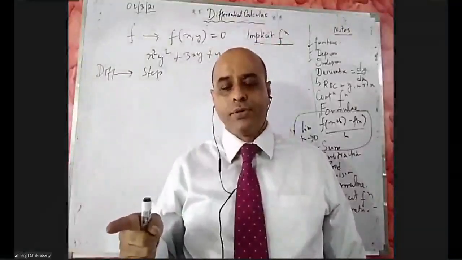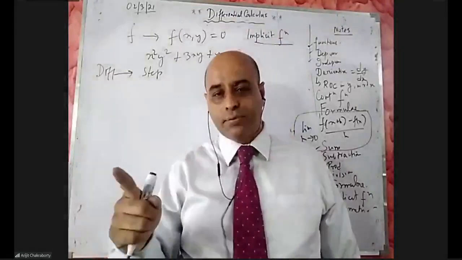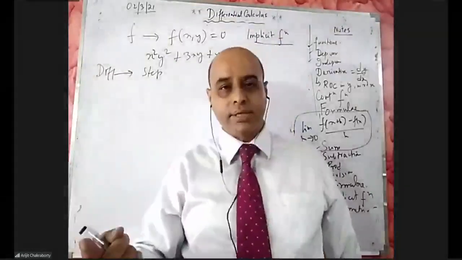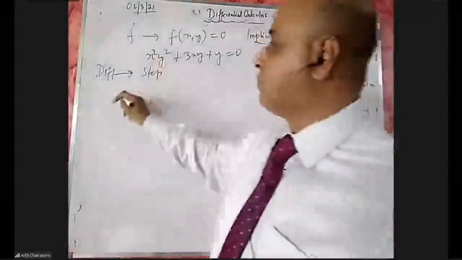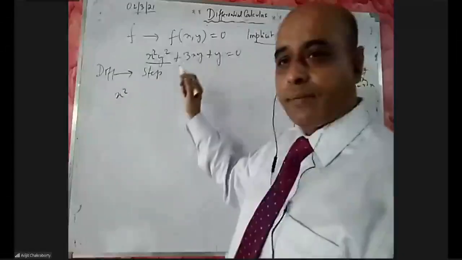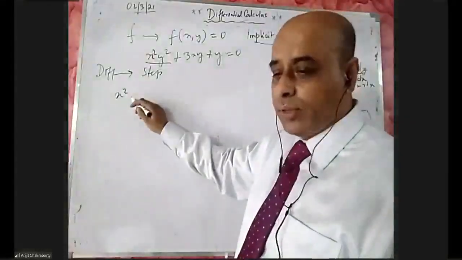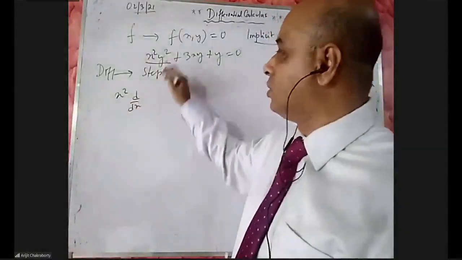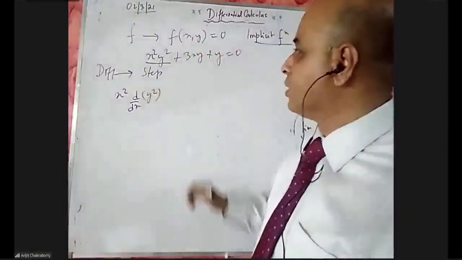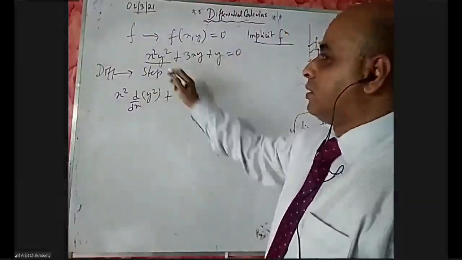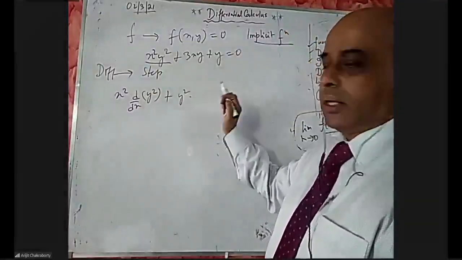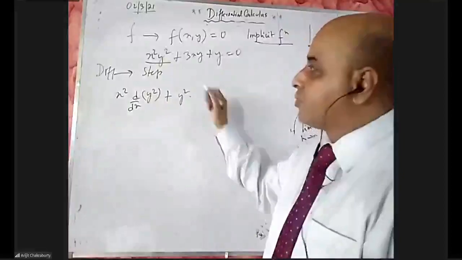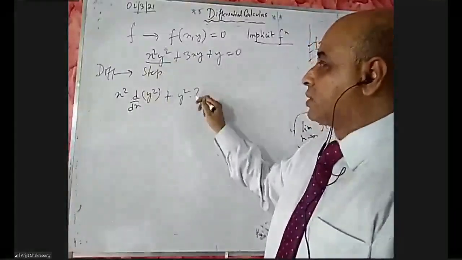Okay. So we know in case of product formula, keep the first function outside. Deal with the second function first. So I keep x square outside, and what I do is I find out d/dx of y square. Plus I take y square outside and I find d/dx of x square, but that is 2x.